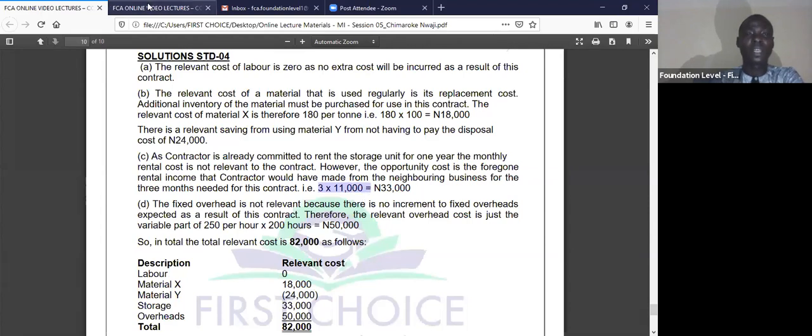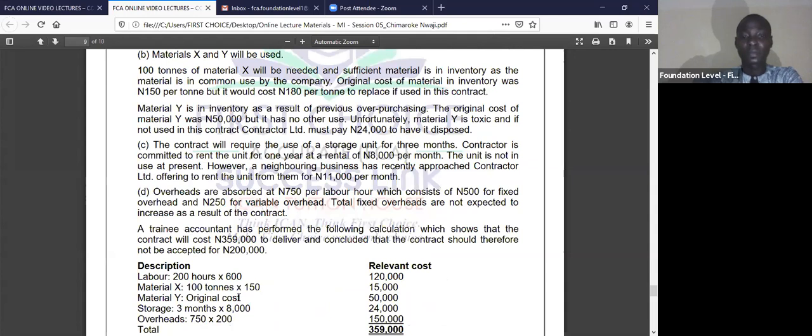That's 3 months multiplied by 11,000 instead of 8,000, because 11,000 is the opportunity cost of leasing the place out to somebody else instead of that committed cost.